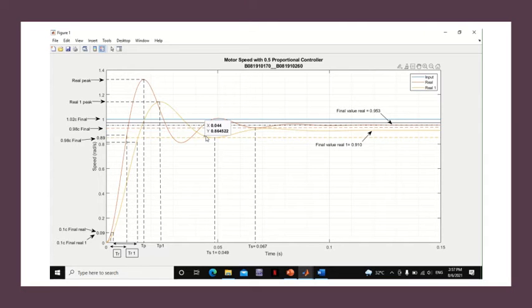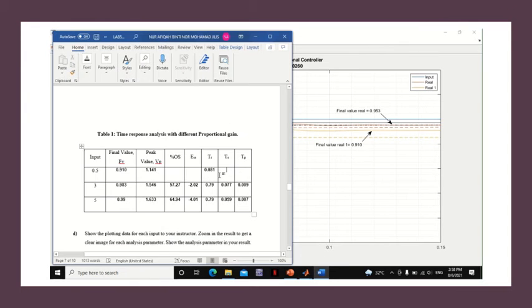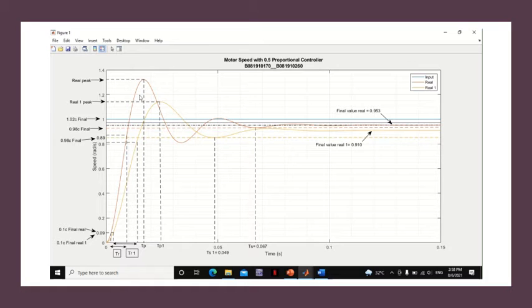So this is not the final value, so I will check whether this value is correct or not. So for TS, I've got 0.049. For TP, I've got 0.025.